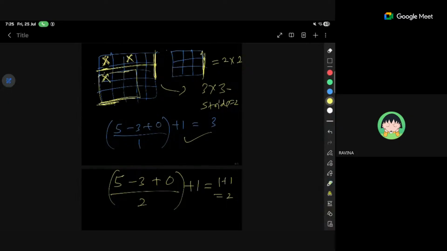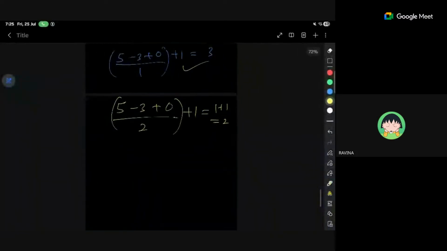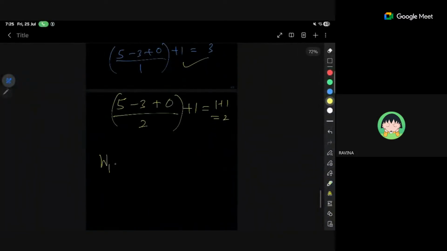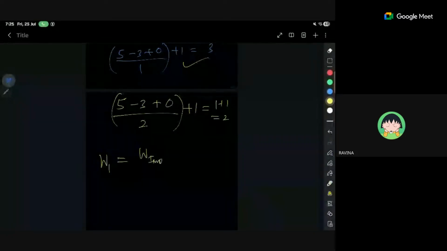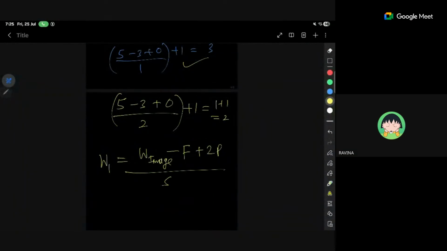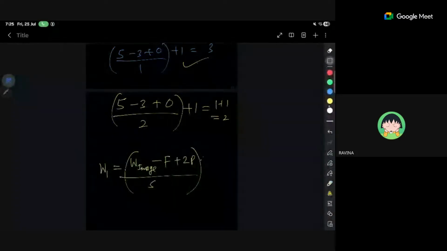So this formula will give you the size of the output you are going to get using this convolution operation. The width and height you can calculate using this. So for the sake of it, I'll write that the output width is going to be the width of the input image minus the filter size plus 2 times padding, divided by stride, and you're going to add 1 to this.